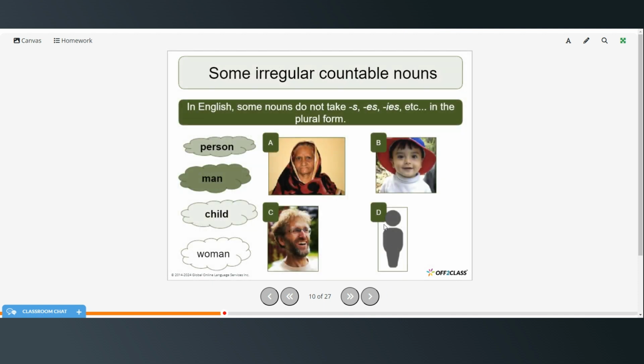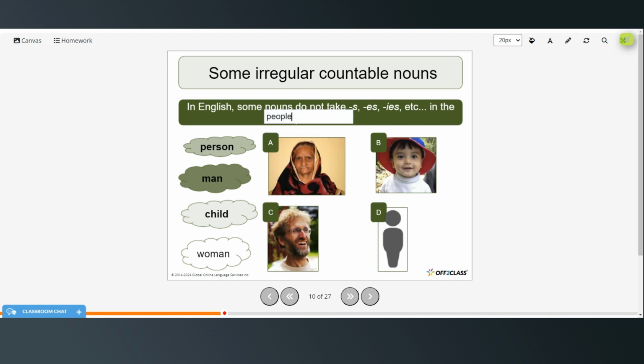All right, so there are some nouns that don't take s, es, ies, etc. in the plural form, but they're still countable. So person. Now you might hear some people say persons, but it's really not correct. The plural of person is people.